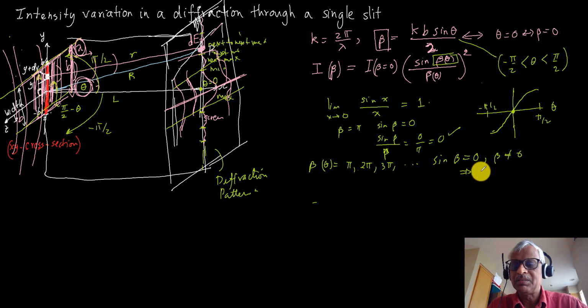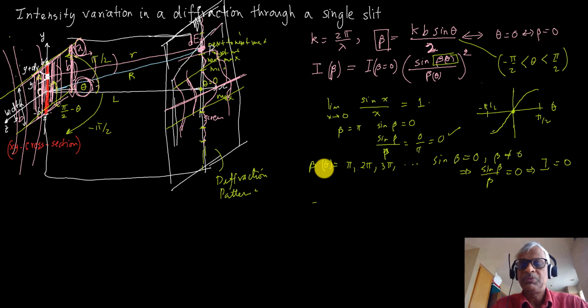That means sine beta over beta will be 0, which means intensity in that direction will be 0. You can do plus or minus here, and it's the same answer you're going to get. So these are the minima here. Very easy to see from this formula where the minimum will be.